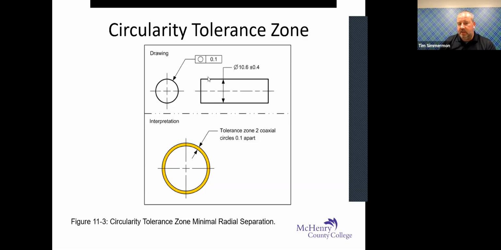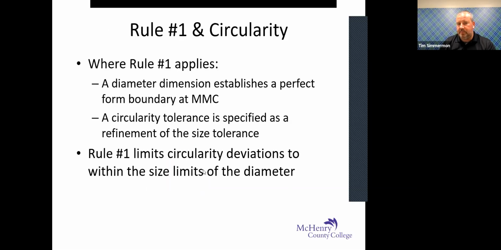But in the case of circularity, what we're looking at here is that the tolerance zone of 0.1 represents two coaxial circles that are 0.1 apart. And if you notice, it goes all the way across here. Rule number one applies to circularity.